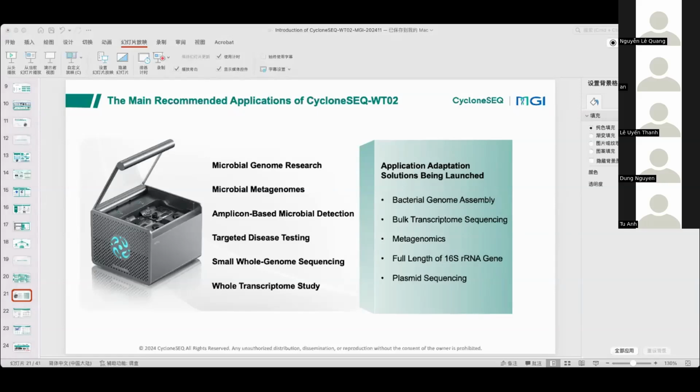Is that right, Xiaojian? Currently, we have already launched the 24 barcode library preparation kit. I think the 96 would be at the end of this year or early next year. Yeah, it will be very soon.